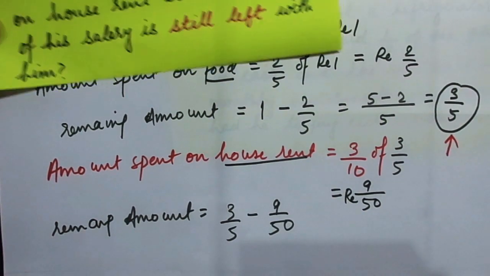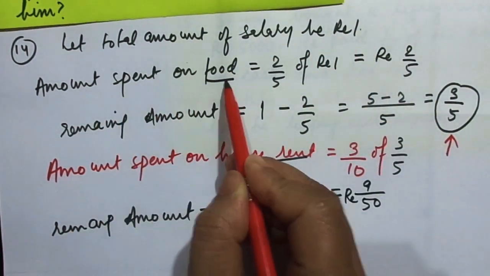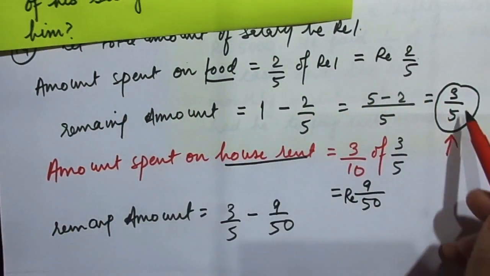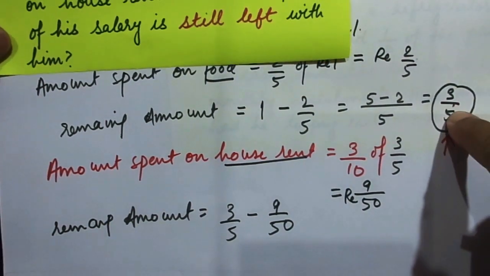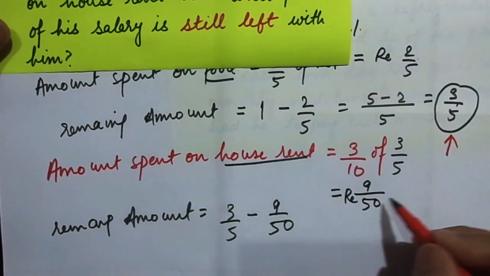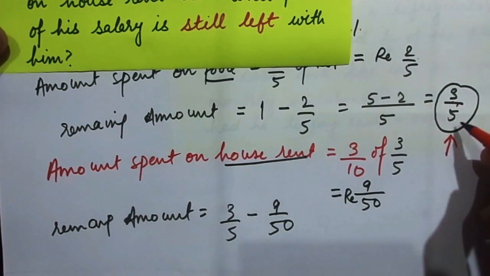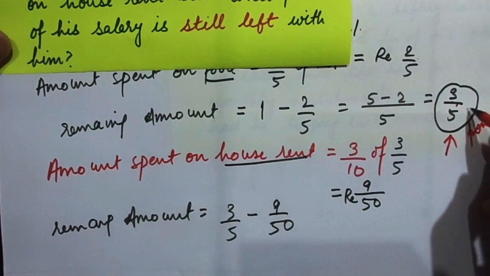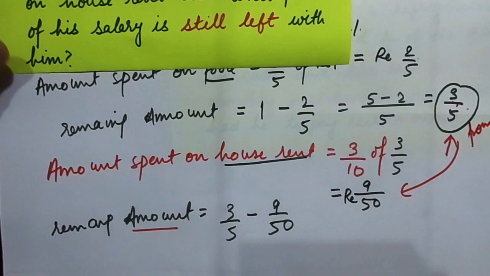Once again, total amount was 1, the person spent on food this much, remaining was this much, and from the remaining amount, from 3 by 5 he spent 9 by 50. So what was the amount left? So 3 by 5 minus 9 by 50.